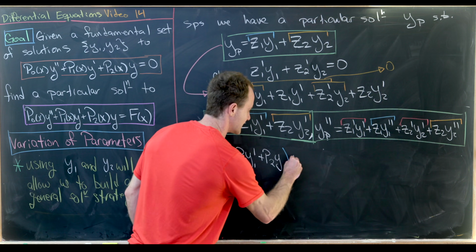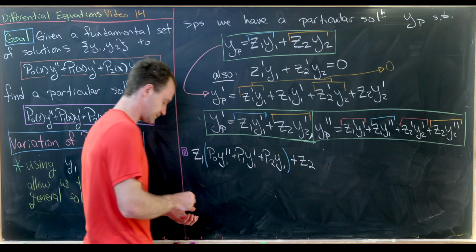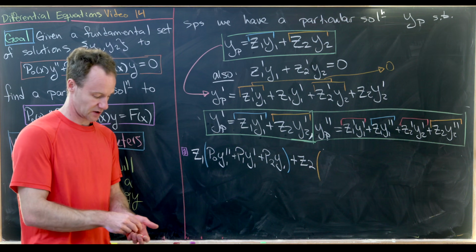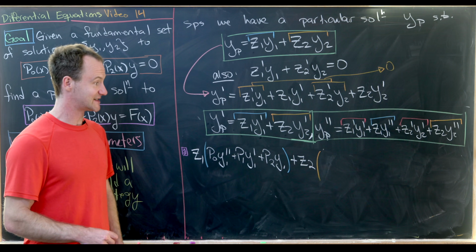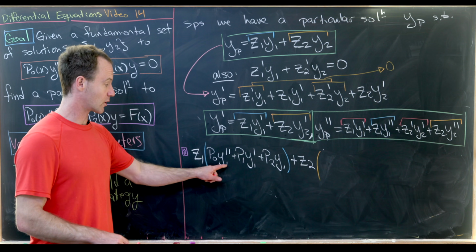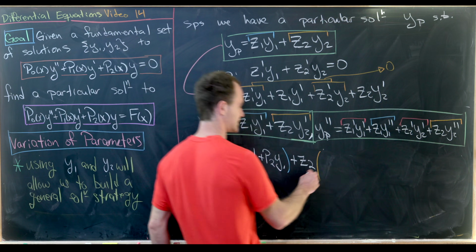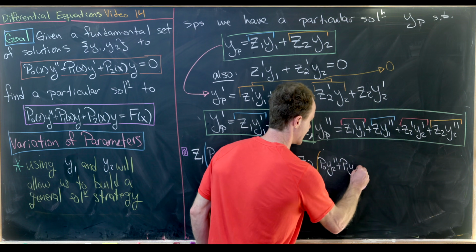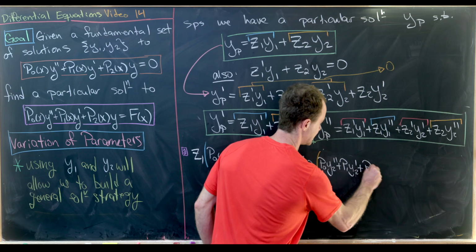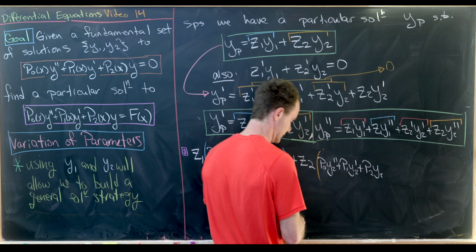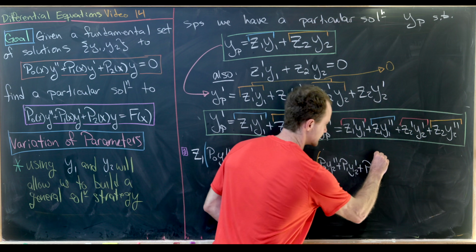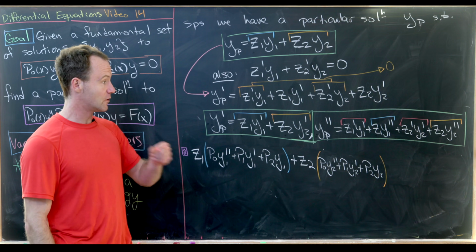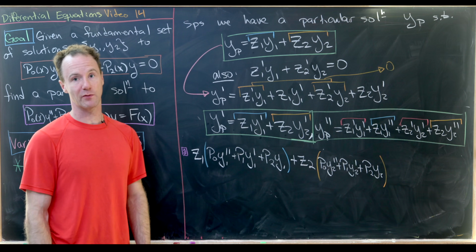Now let's do the same thing with the z2 terms. So we can get that in these orange parentheses just to color code this. And we're going to have essentially the same thing except for y2s instead of y1s. So we'll have p0 y2 double prime plus p1 y2 prime plus p2 y2. And let's close those parentheses. Great. And now let's see, everything that's left over only comes from yp double prime.